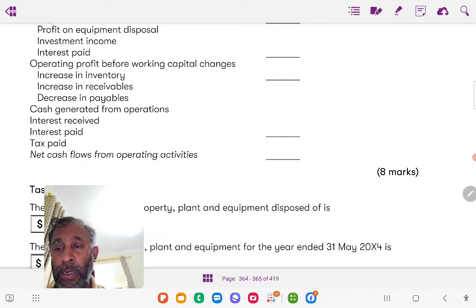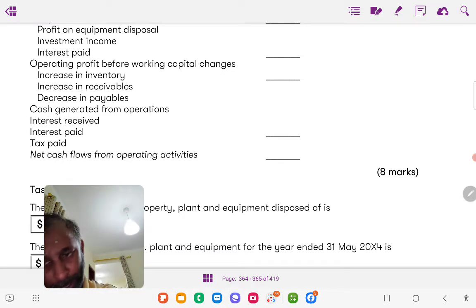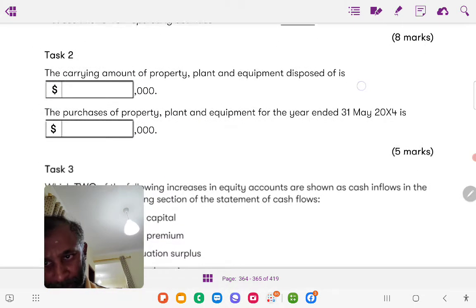Then we have cash generated from operations, interest received, interest paid. They have shown interest received here, but this must be shown under investing activity. Interest paid is fine, then tax paid, and the cash flow from operating activity.